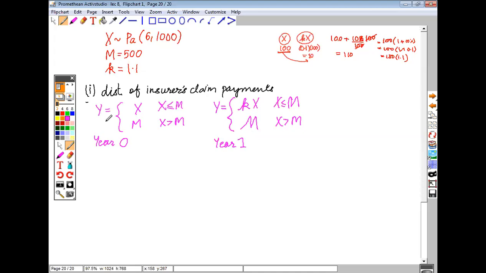So will it be divided into parts, like probability Y less than the retention limit? Or do we not have to find the probability?